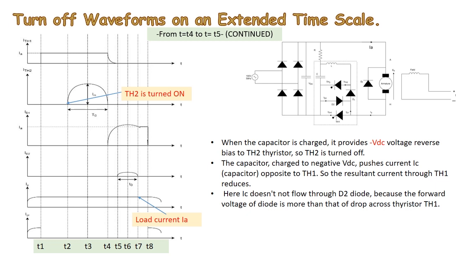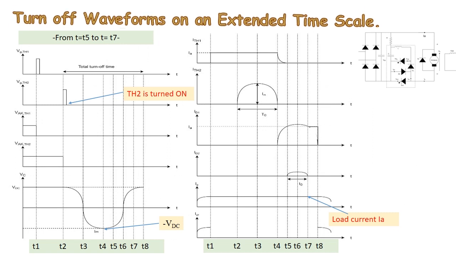The capacitor charged to negative VDC pushes current IC opposite to TH1, so the resultant current through TH1 reduces. Here, IC does not flow through the D2 diode because the forward voltage of the diode is more than that of the drop across the thyristor TH1.